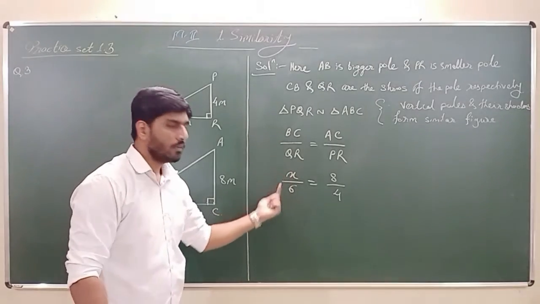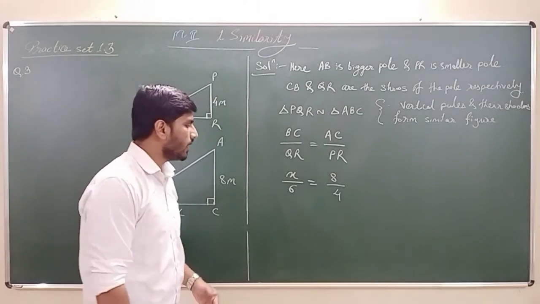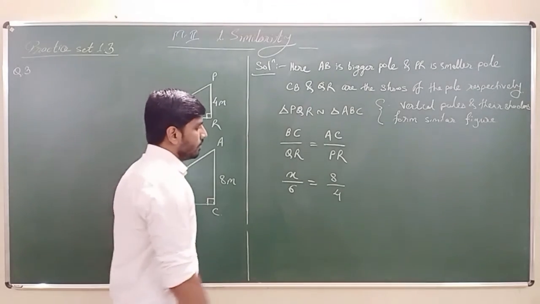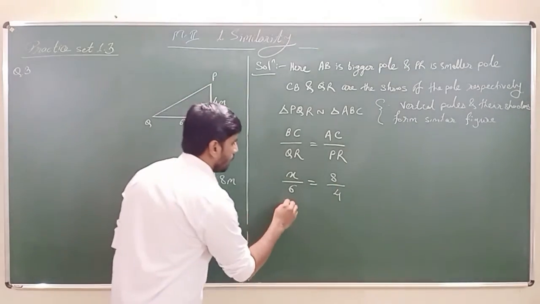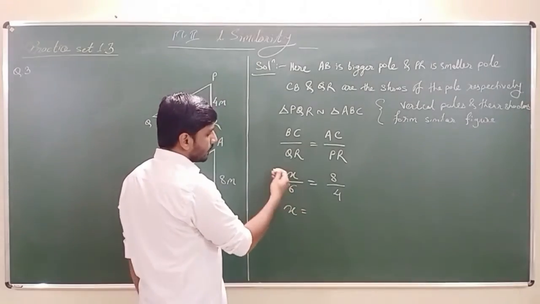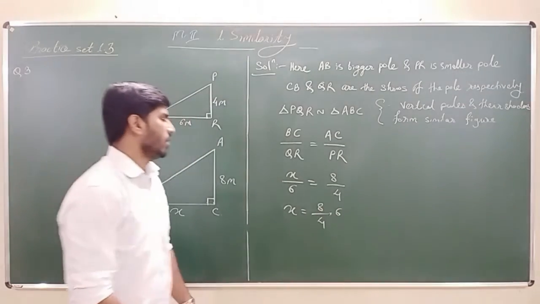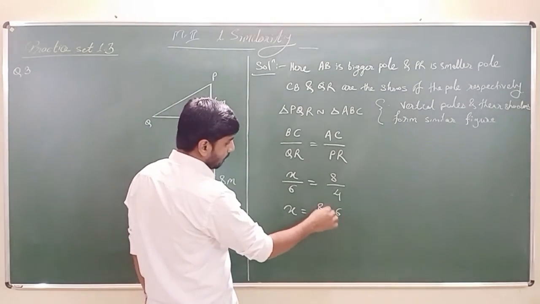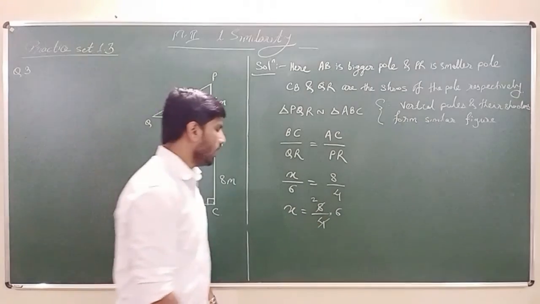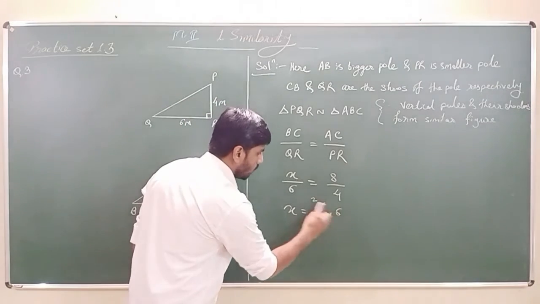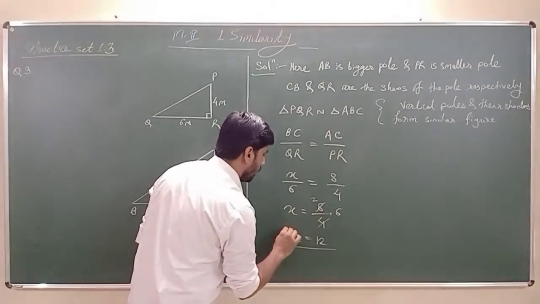Now the 6, which is multiplying here, on the other side of the equal sign is going to divide. Or in another way, we can say that multiplying both sides by 6, which is more accurate. Then X is equal to, 6 will cancel with 6, and on the right side also we multiply by 6. So 4 1s are 4 and 4 2s are 8. So the ratio will become 2 upon 1, and this 2 will multiply with 6, therefore the value of X will become 12.